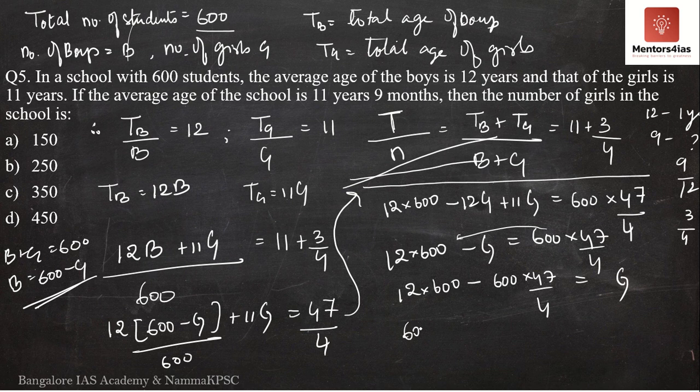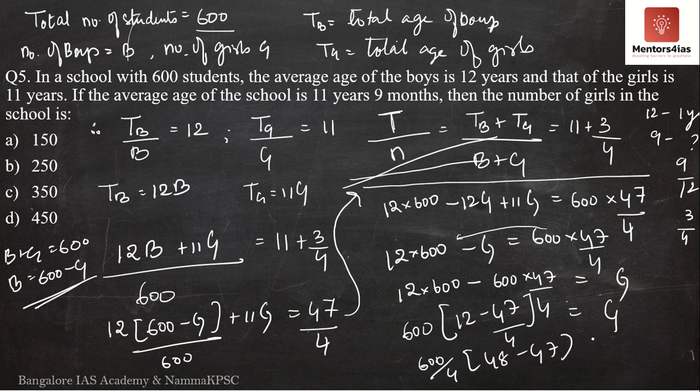I take 600 common out. I have 12 minus 47 by 4 is equal to G. 12 4s are 48. So it is 600 by 4 into 48 minus 47 is equal to G. So what is G? G is nothing but 600 by 4.